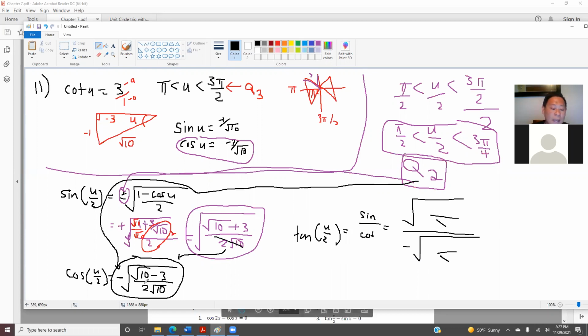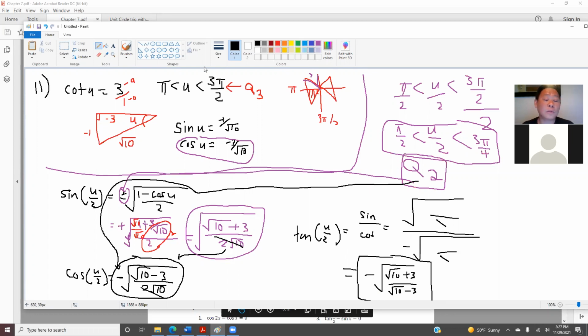So what I have is a negative, because we got 1 positive and 1 negative, root 10 plus 3 on top, over root 10 minus 3. And then you take the square root and the minus. So this is your tangent of this. Okay, so make sure you know that. These 2 will cancel, so you take the top over the bottom, and this is your tangent u over 2.